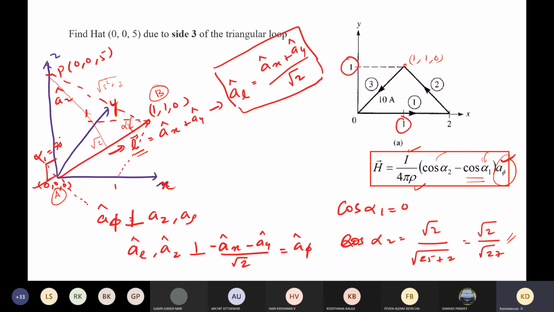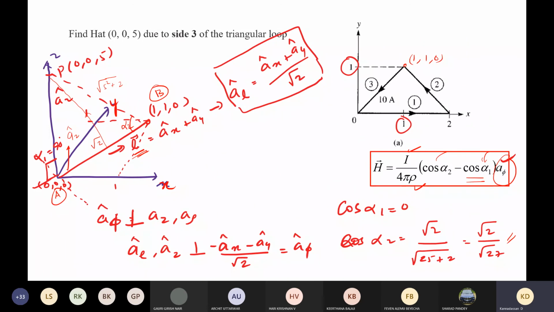The nearest point on this line is this vector, which is nothing but the AZ vector. So we need to find the unit vector which is perpendicular to this line vector as well as this vector. That is the corresponding one, which we call the A-phi vector.